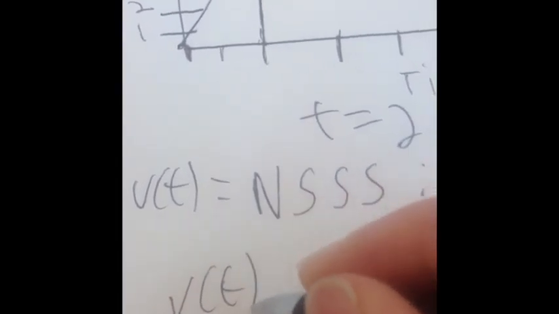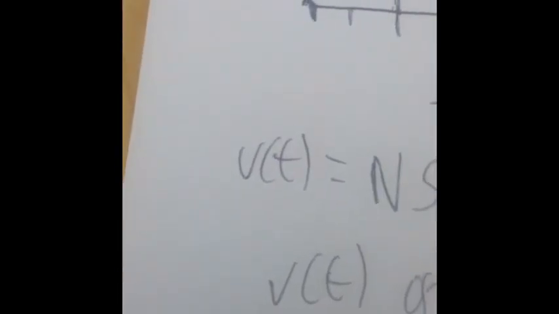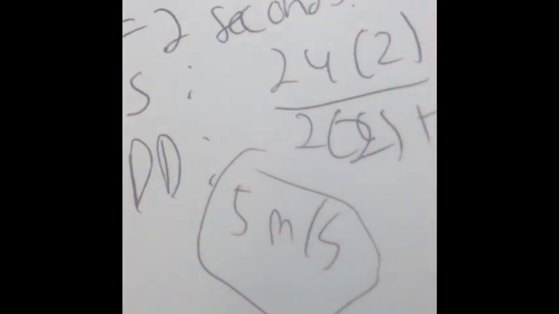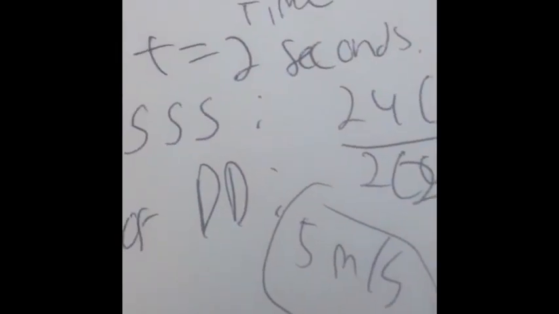So that you're just using the graph. So V of t of, we'll call him DD, Dirty Dan, is 5 meters per second. So Dirty Dan is going 5 meters per second. Put units in the other one as well.